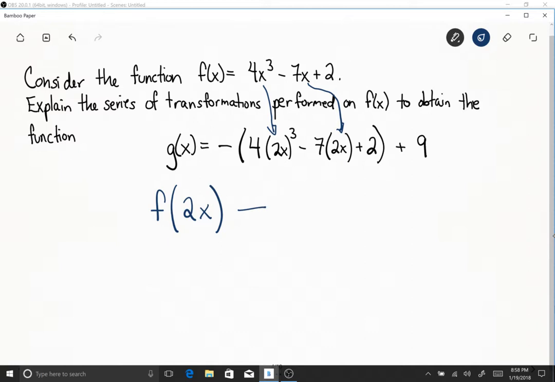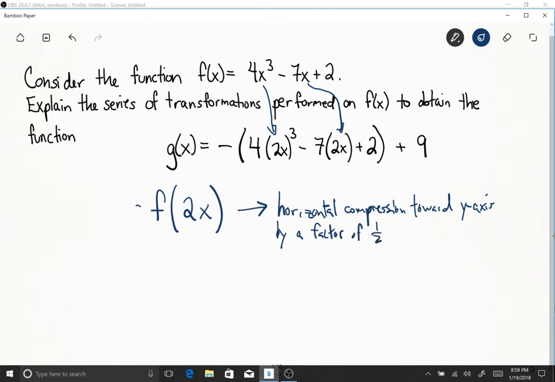Well, if you recall, this is a horizontal compression toward the y-axis by a factor of 1/2. And notice, just in case you aren't sure what that looks like, that's 4 times 2x, the quantity cubed, minus 7 times 2x plus 2.